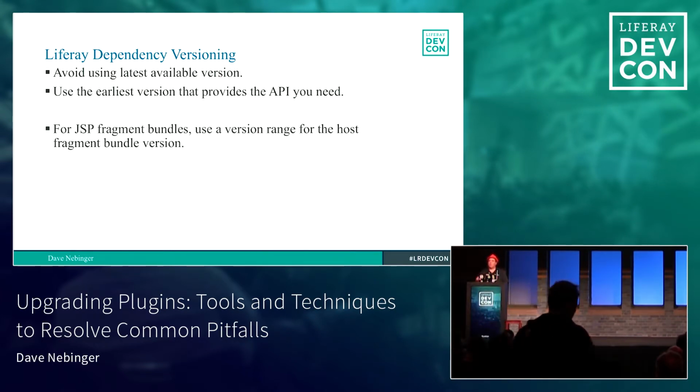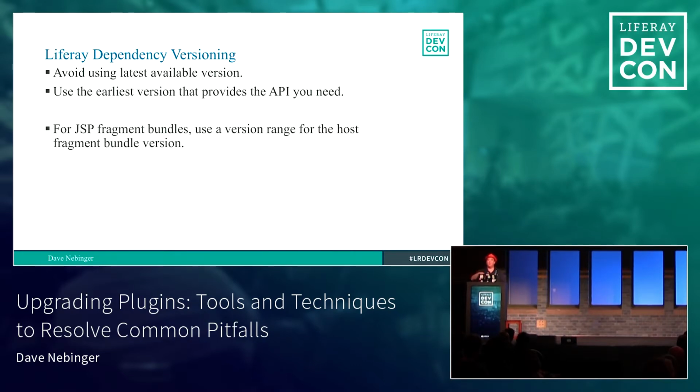For versioning, we often want to say, I want to use the latest version of code because then I know I'm getting all the bug fixes and all the improvements that have gone in. When you're picking dependencies for your modules, you want to think the reverse. I want to pick the oldest version that I can get away with. So when I'm going for Portal kernel, I want to stick with 2.0.0. I don't want to use 2.42 if that's what's in my local environment.